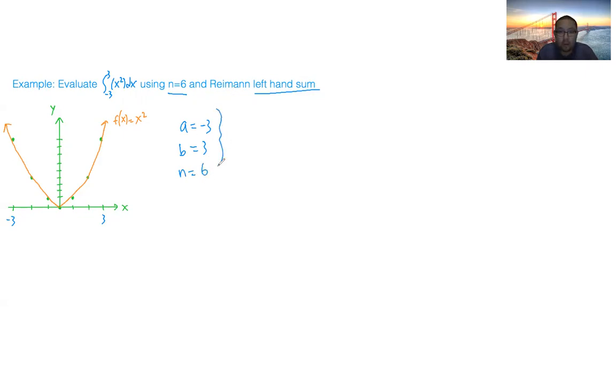So based on this, we can calculate the width of our subinterval, okay? And that's going to be b minus a over n, which is 3 minus negative 3 over 6, which is 6 over 6. And so your delta x is going to be 1.